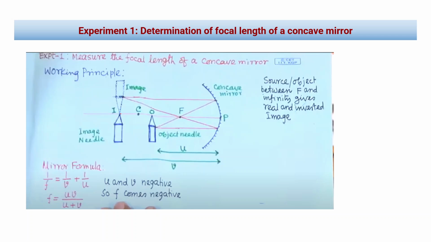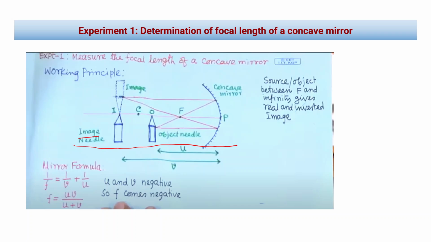But the way it has to be done in a laboratory is again very nicely explained in the videos. What we do is, after this object needle, there is a bench actually, on which we put our concave mirror and this object, which is actually an object needle. Then to find the distance of this image, we keep one more needle that we call the image needle, and we adjust its position till the tip of the inverted image matches the tip of our image needle.